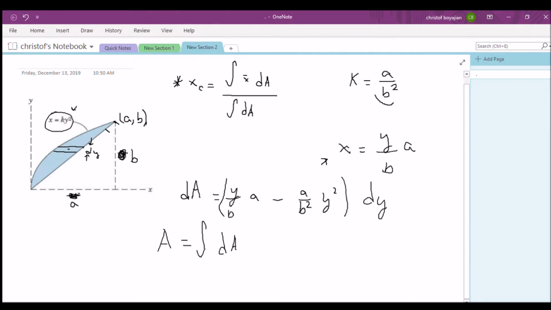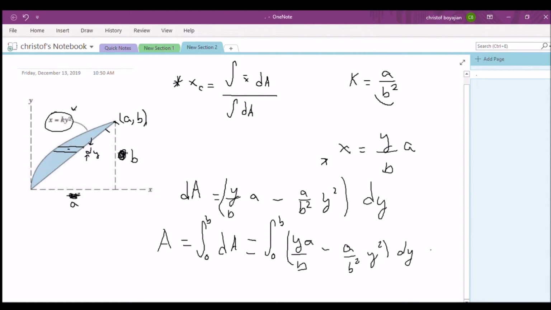So 0 to b, I'm going to put these as our limits here. Okay, now let's go ahead and solve for this integral. So we're going to have the integral from 0 to b of ya over b minus a over b squared times y squared, and all of this times dy. Okay?